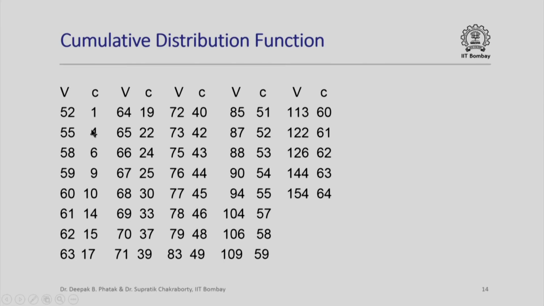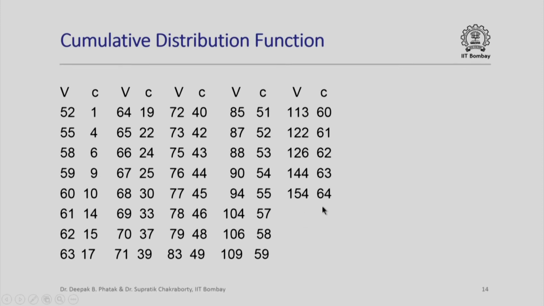So, below 55 3 plus 1, 4 pixels are there, below 58 there are 6 pixels, below 59 there are 9 pixels and so on. So, this will tell you the cumulative distribution function. Observe that the largest value is 154. So, below 154 there are 64 pixels. Of course, the entry into a cumulative distribution function array 155, 156 etc.